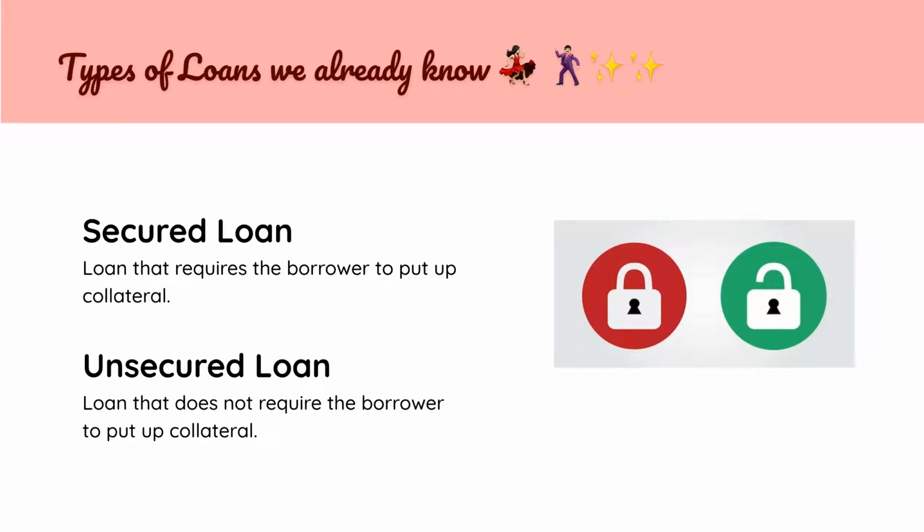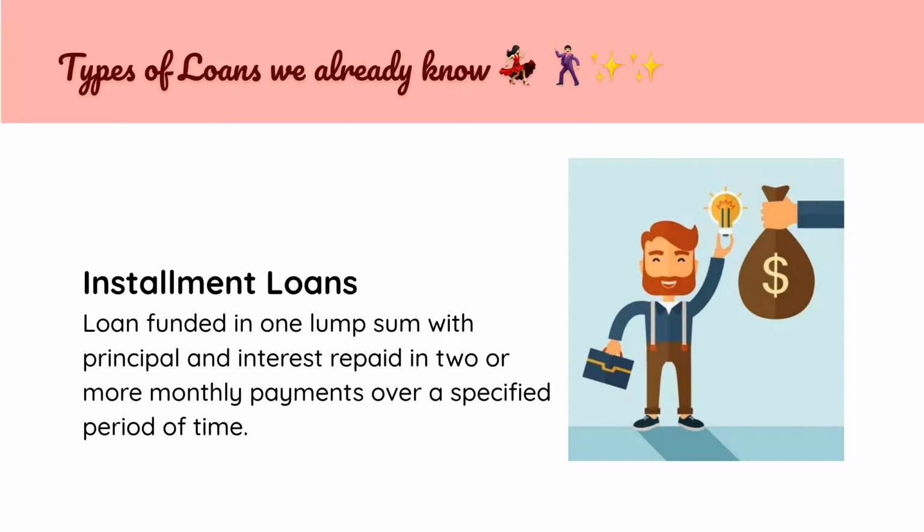We have the secured and the unsecured loans. These two features tell us if the customer, the borrower, was asked to put up collateral or not for the loan. Installment loans, which are funded in one lump sum over a specified period of time.